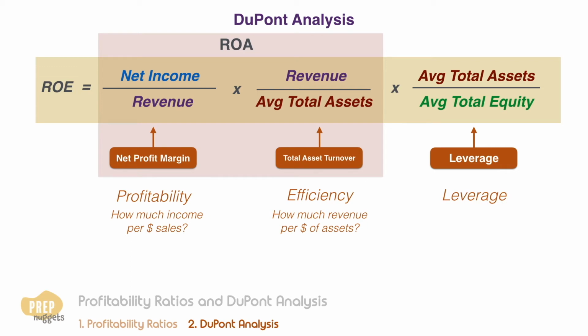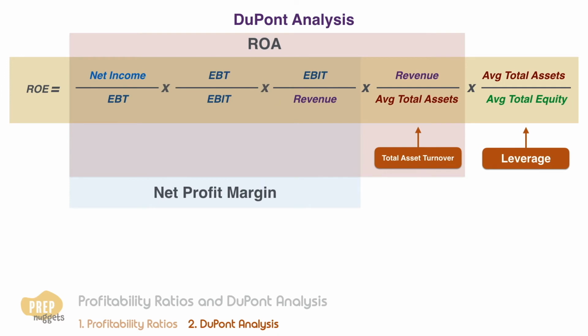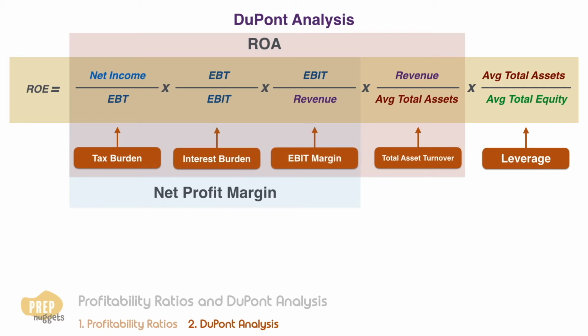This decomposition illustrates that a company's ROE is a function of its net profit margin, its efficiency, and its leverage. We can further decompose the net profit margin as shown. This decomposition expresses a company's ROE as a function of its tax rate, interest burden, operating profitability, efficiency, and leverage. This five-way decomposition is the one found in financial databases such as Bloomberg.